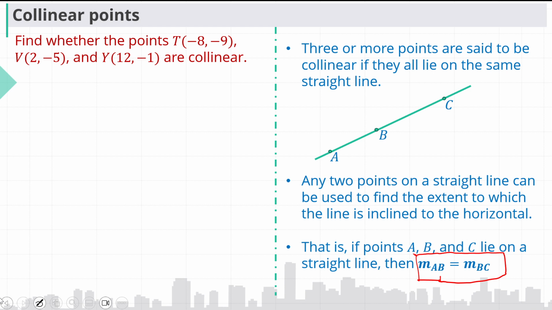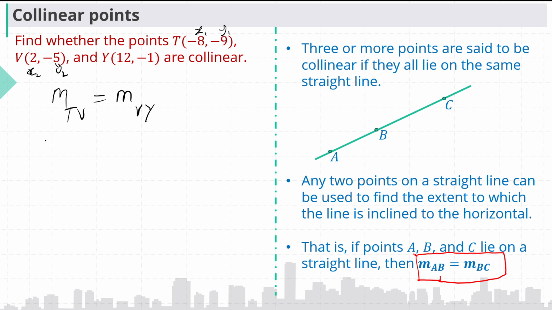We can write gradient using the 2 points T and V should be the same as gradient using the 2 points V and Y. Okay, so using the points T and V, let the point T be x1, y1, and the point V be x2, y2.